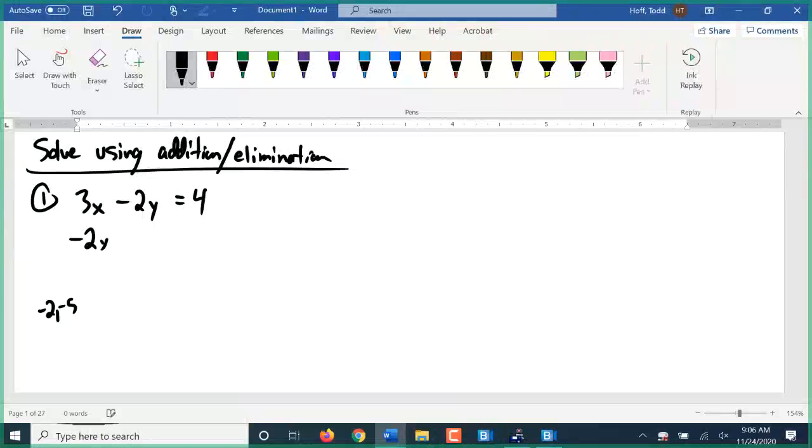Negative 2x plus 3y equals negative 11. I'll let you work on that as I set up the second one here.